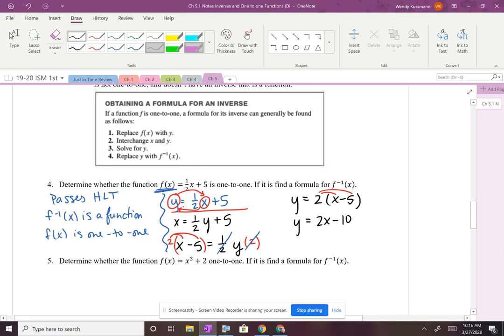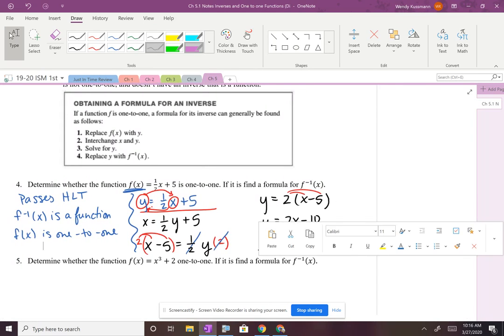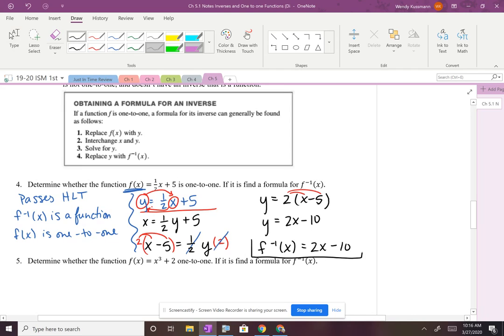There we solve for y. That's step 3. Step 4 is to replace y with f inverse of x. F inverse of x equals 2x minus 10. There is the formula for the inverse of f right there.